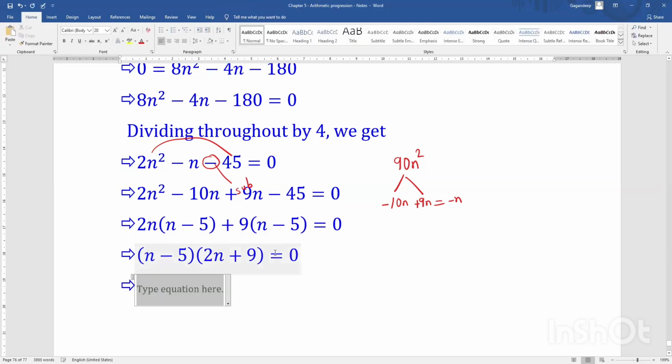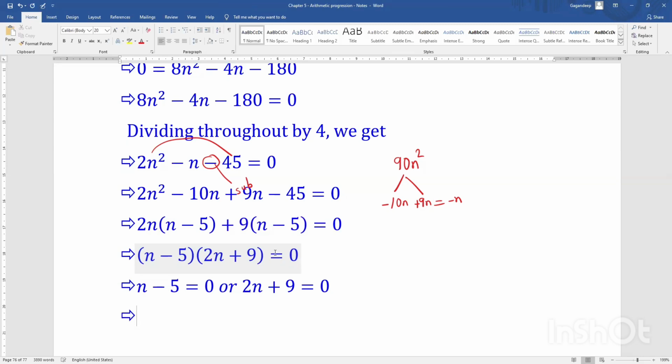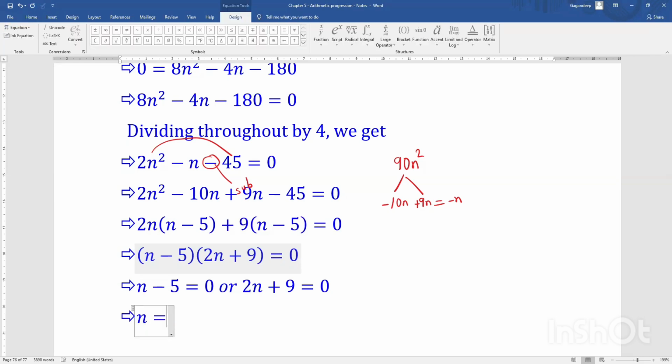In my next step, n minus 5 equals 0 or 2n plus 9 equals 0. So n equals 5 or n equals minus 9 by 2.